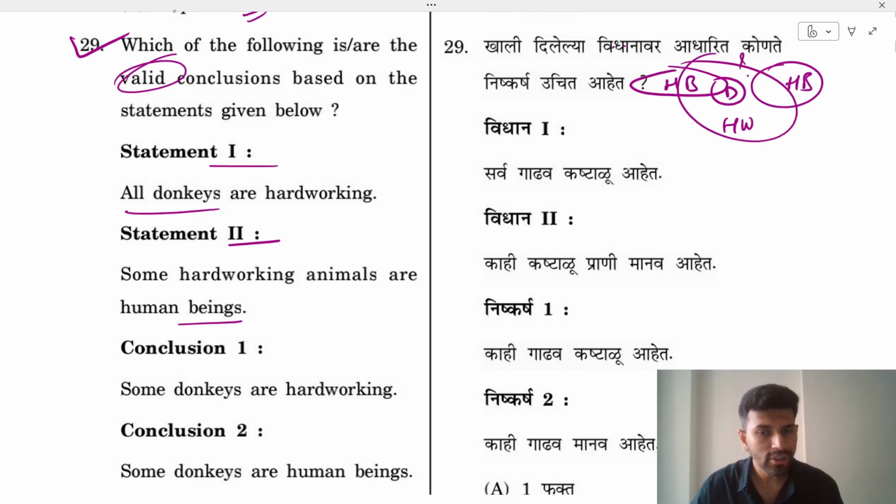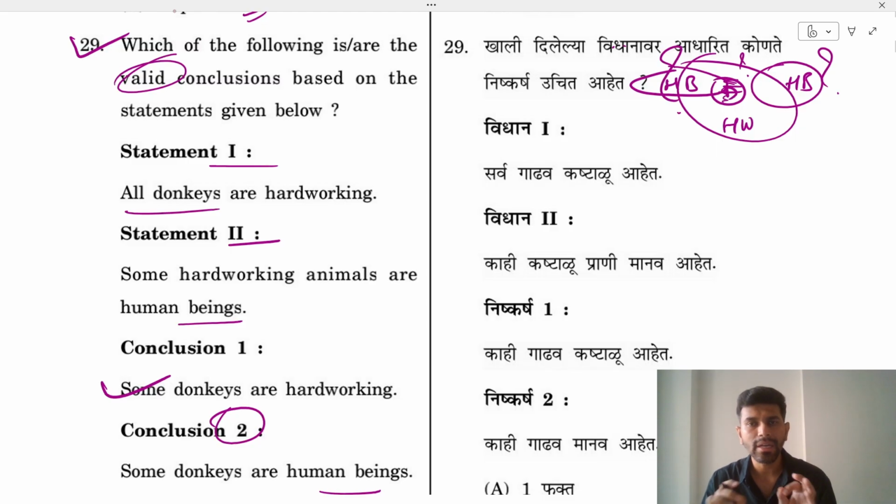Conclusion 1, some donkeys are hardworking. Correct, क्योंकि all donkeys are hardworking, so conclusion 1 is valid. Conclusion 2, some donkeys are human beings. क्या ये वाला पार्ट है या ये वाला पार्ट है? क्लियरली स्टेटमेंट नहीं दिया है, इसलिए conclusion 2 is invalid. तो only conclusion 1 is valid.